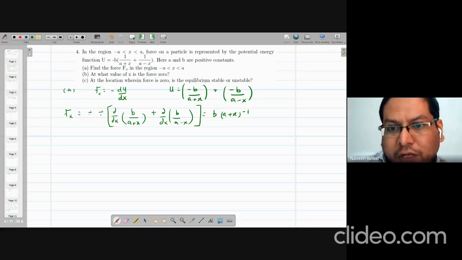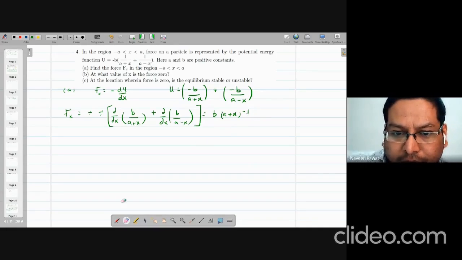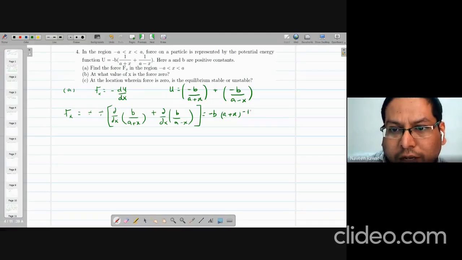If you do that, then you will realize that the first term should have a minus sign come here because there is a minus 1 power here. So n x raised to n minus 1. You have a minus sign that will come, and then for this minus 1, you have to add another minus 1 to this term. So that is the derivative of 1 by a plus x.